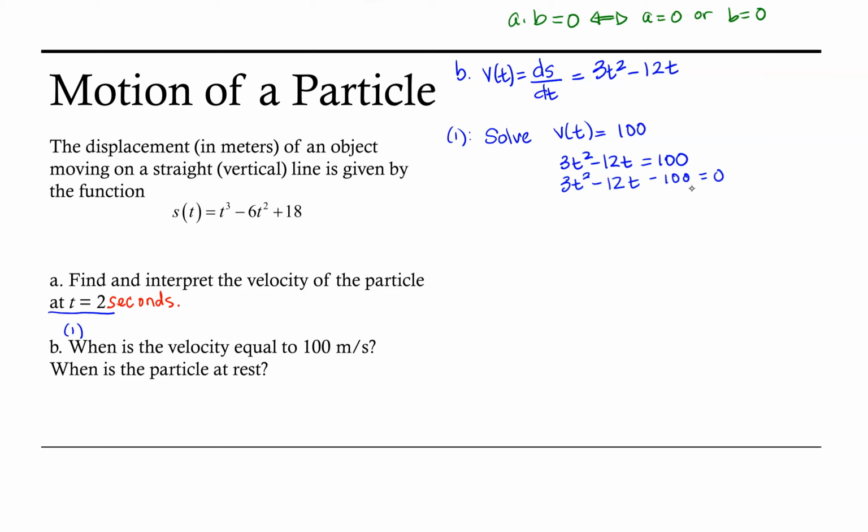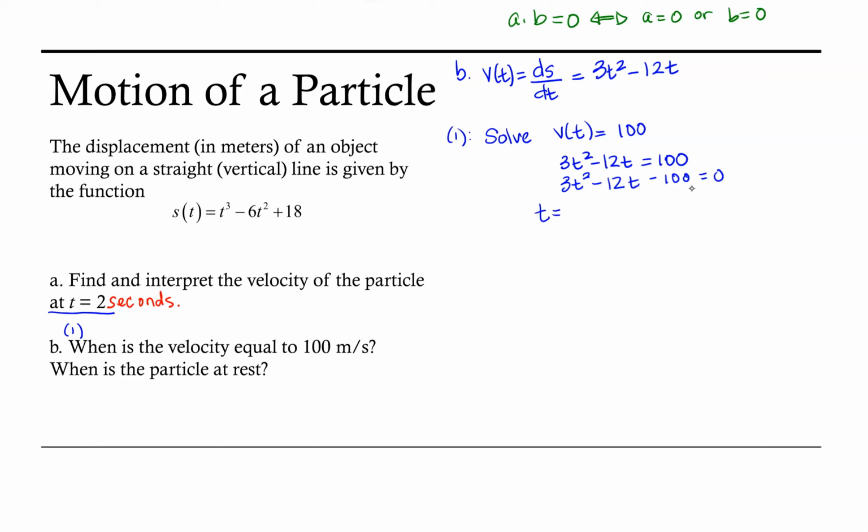And then we can think about factoring and so forth, but there are no common factors among the coefficients. And so probably the most reliable strategy would be to use the quadratic formula. So we'll go ahead and do that.